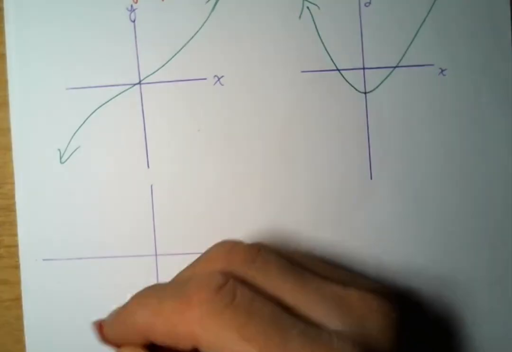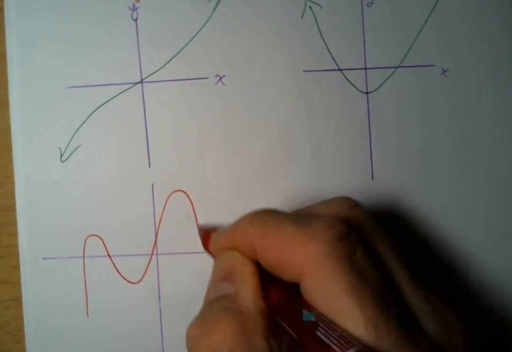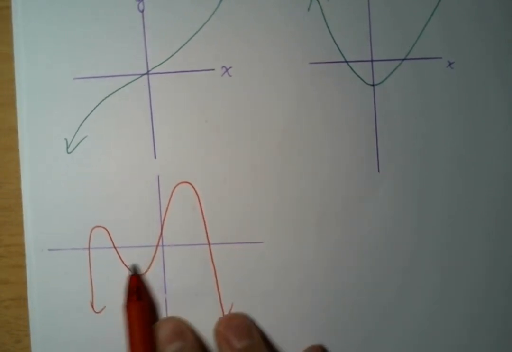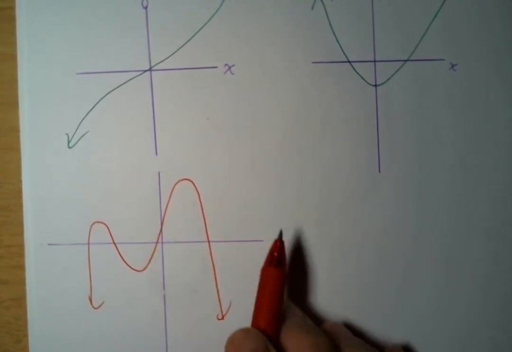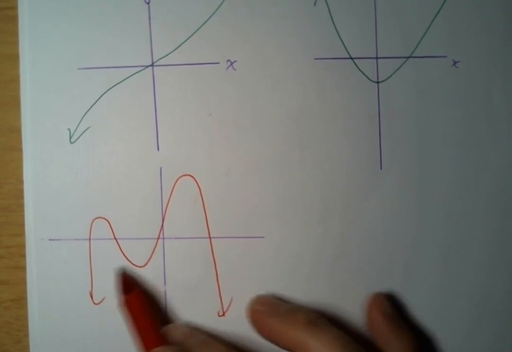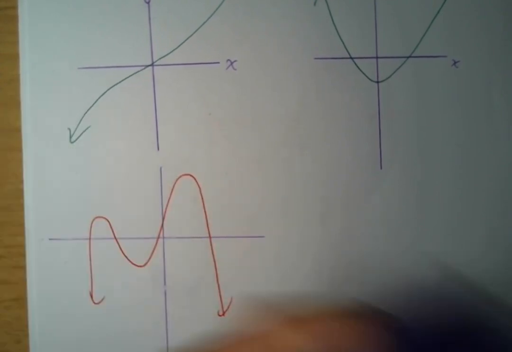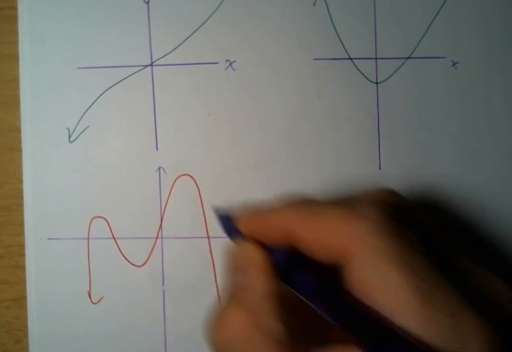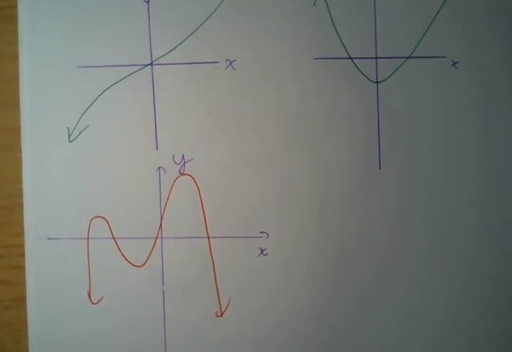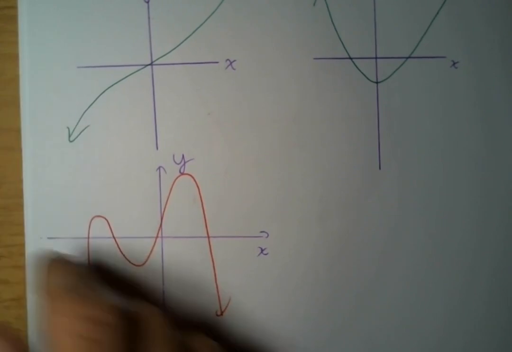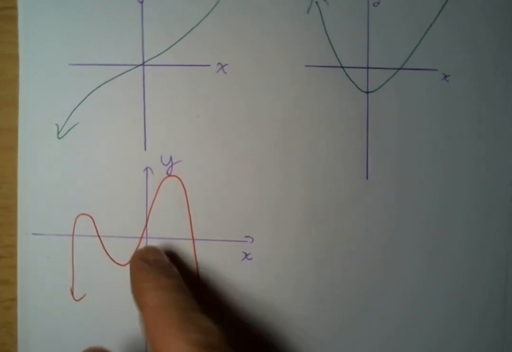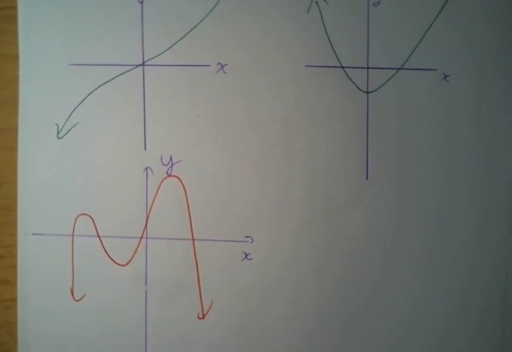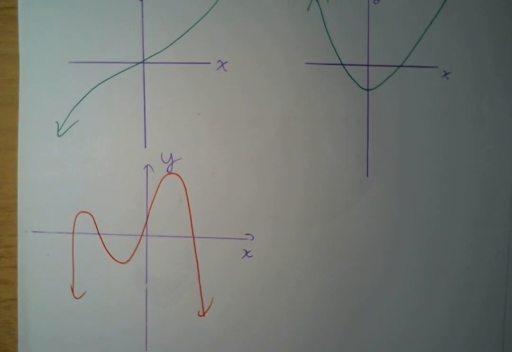Some more interesting behavior here in the local sense, where it crosses the x-axis and has different turning points, x-intercepts, y-intercept, etc. We'll go over how to calculate the intercepts in this module as well.